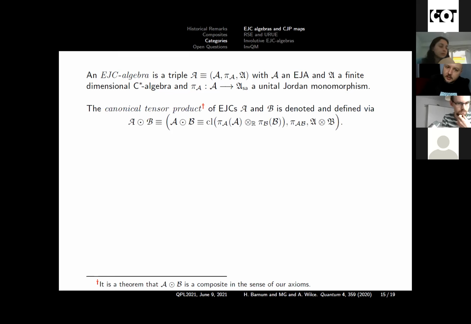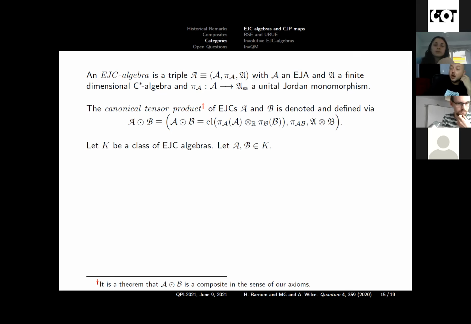The canonical tensor product of EJC algebras is defined, the algebra part, as the Jordan algebraic closure of the real vector space tensor product of the images of these algebras inside their C-star algebras, okay? So that should sound familiar from the previous slide. So by definition, A⊗B is contained within the self-adjoint part of the C-star algebraic tensor product of their C-star algebras 𝒜 and ℬ.